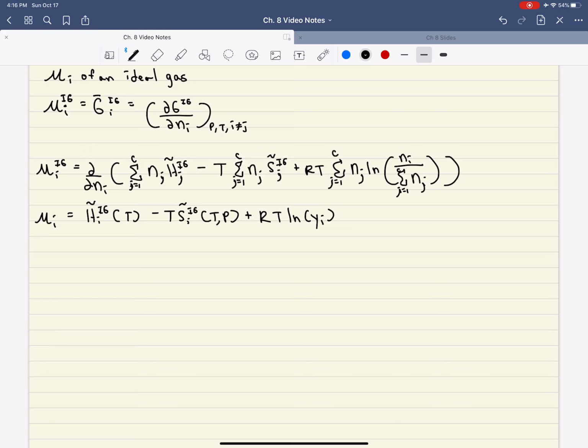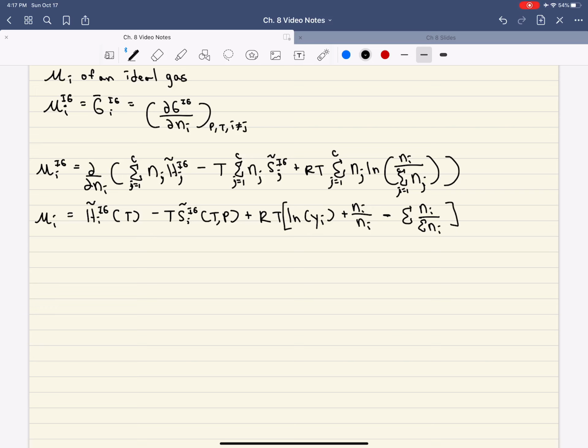But then we're going to have to take the derivatives of the stuff inside the natural log. And so our derivatives end up looking like this. Plus, this RT is on the outside of everything, N_i over N_i here. And here we have the summation of N_i over the total N_i.